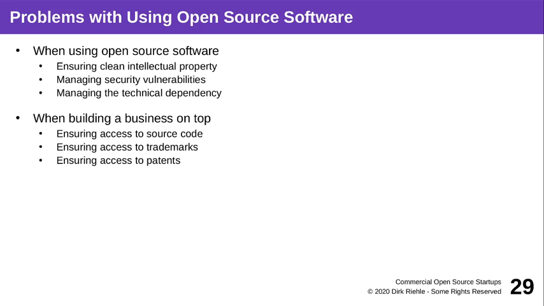If you are building a business on top of it, you also need to make sure that you actually can keep access to the source code, that nobody can suddenly pull away trademarks if you rely on them, and nobody has any patent rights in the software that are unknown to you and that you might not agree to or might not get a patent license to.